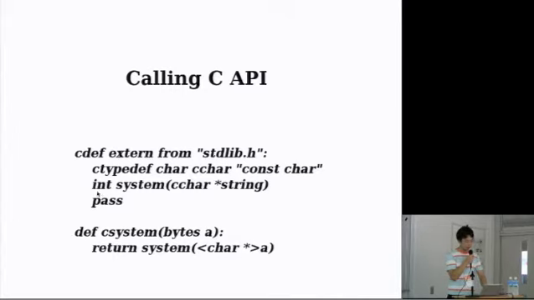The way you declare the API is here. You must have a cdef extern from, this is the header file. That's what Cython will include in its output file. So if you define, for example, stdlib.h, it will include stdlib.h in its generated file.